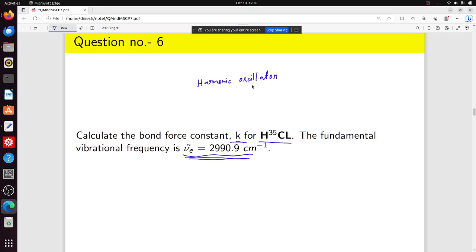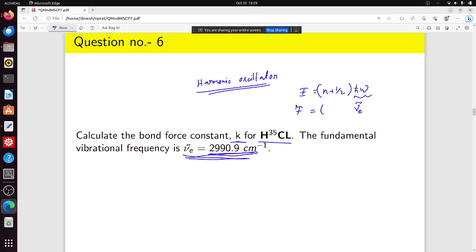Then the energy form will be (n plus half) h cross omega, or in terms of transition line, we can replace this h cross omega by nu_e tilde.